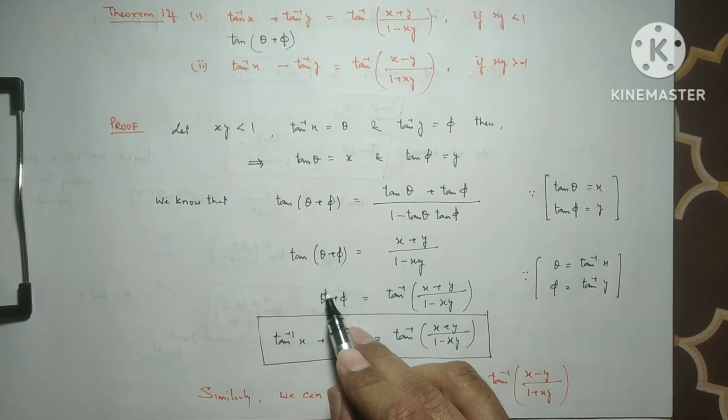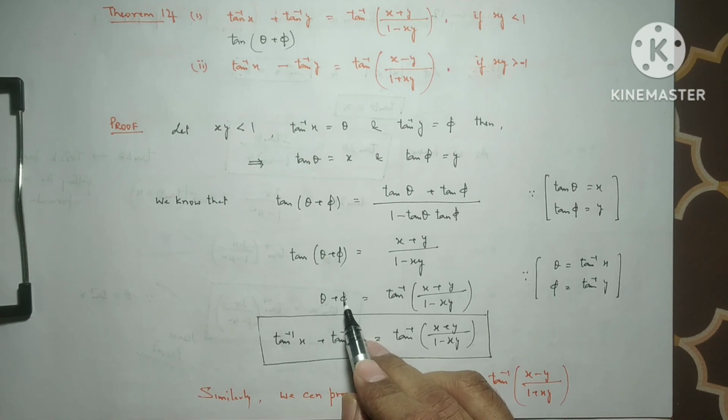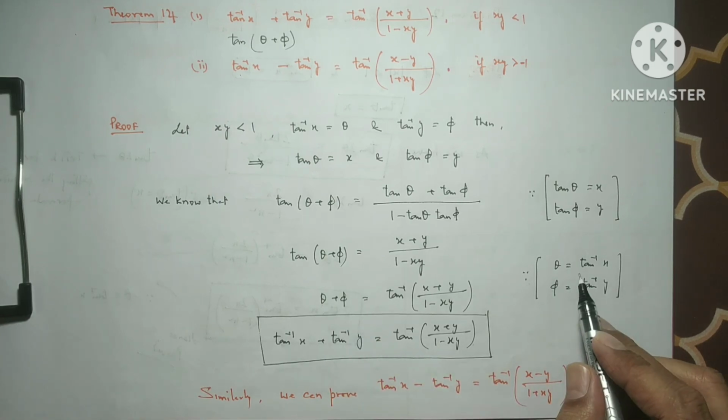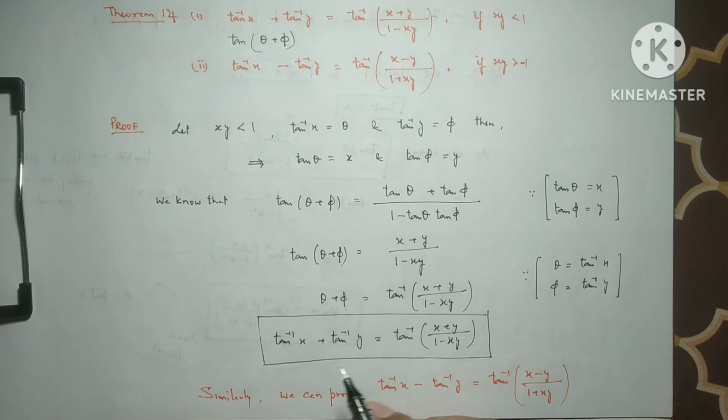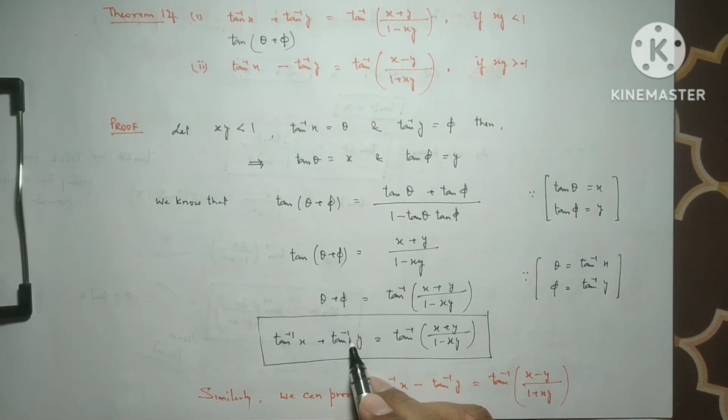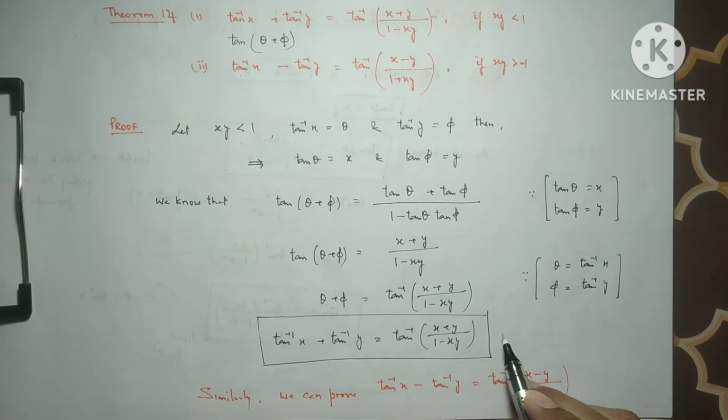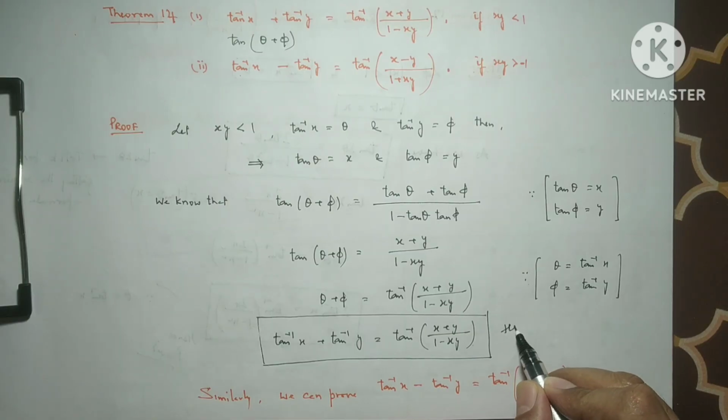And again we put these angles in terms of inverse. As we know, theta is tan inverse x and phi is tan inverse y. We put it here. So it is tan inverse x plus tan inverse y equals tan inverse of x plus y over 1 minus xy. So this is our required result, hence proved.